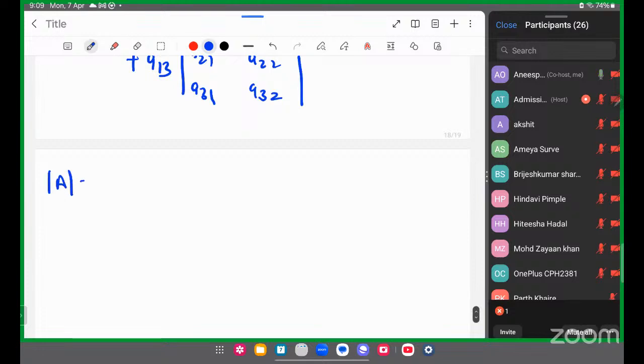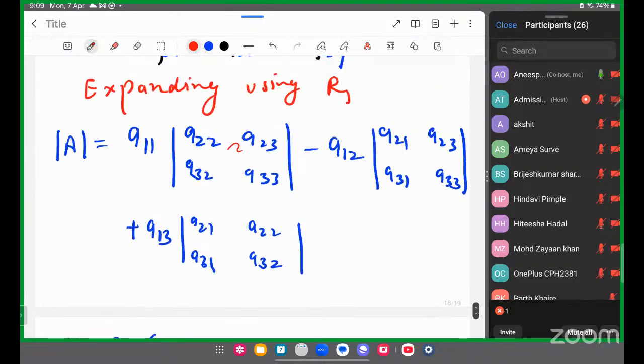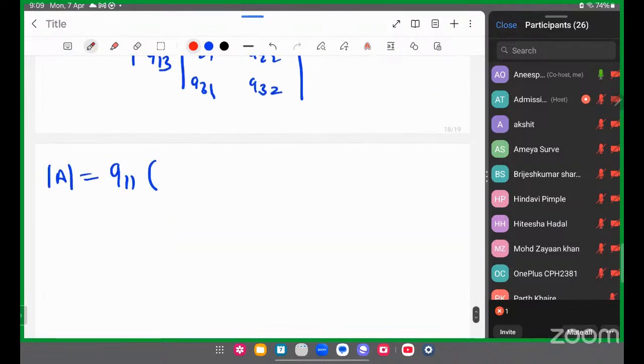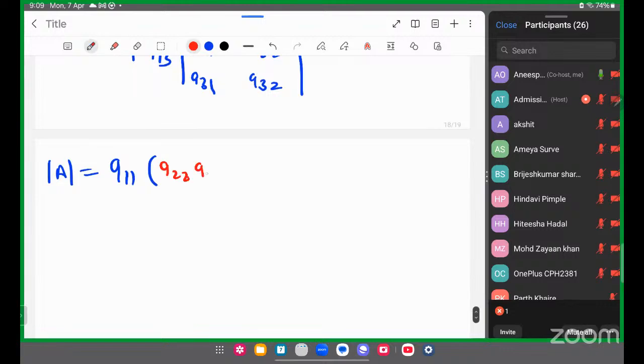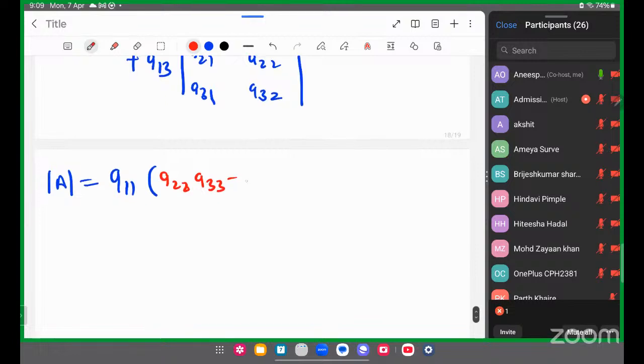So determinant A will be A11 outside of the bracket. In the bracket we will have cross multiplication of these. So this will be A22, A33 minus A32, A23.